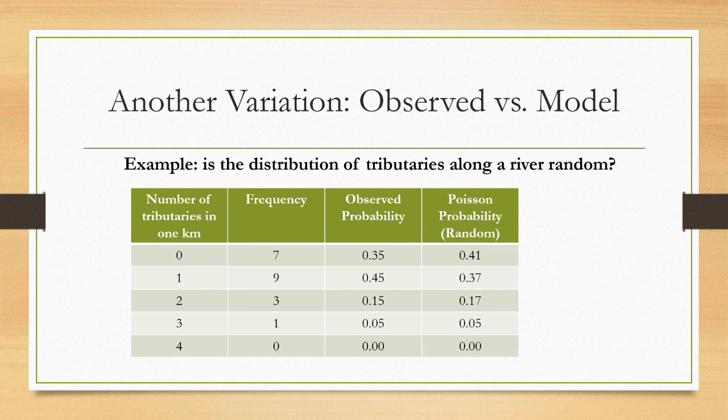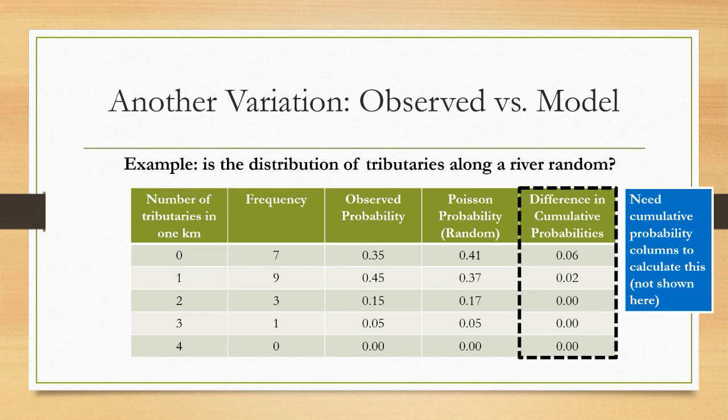The Poisson probability, the random, we can calculate that again with the same mean and standard deviation as in the observed data set. Is there a fit there? And then what we can end up with at the very end, doing that simple difference calculation at each stage, is the difference in the cumulative probabilities. So we're combining a couple of things here. We're accumulating, and then we're looking at the difference, and there we go.